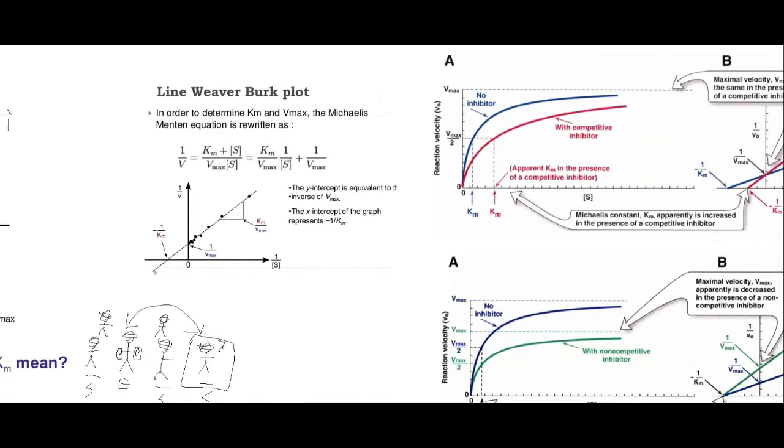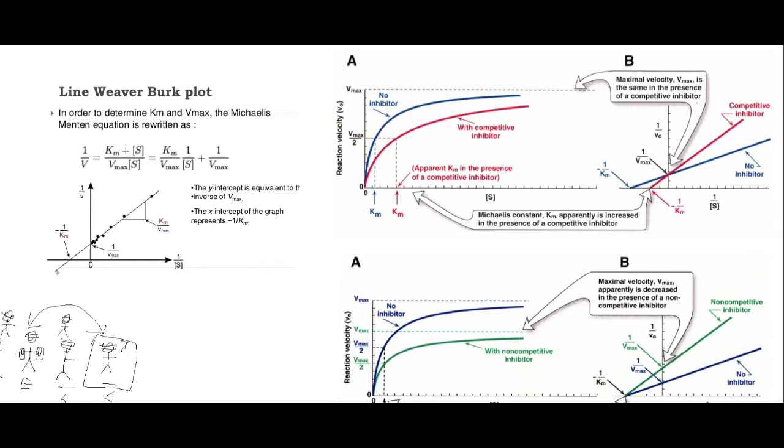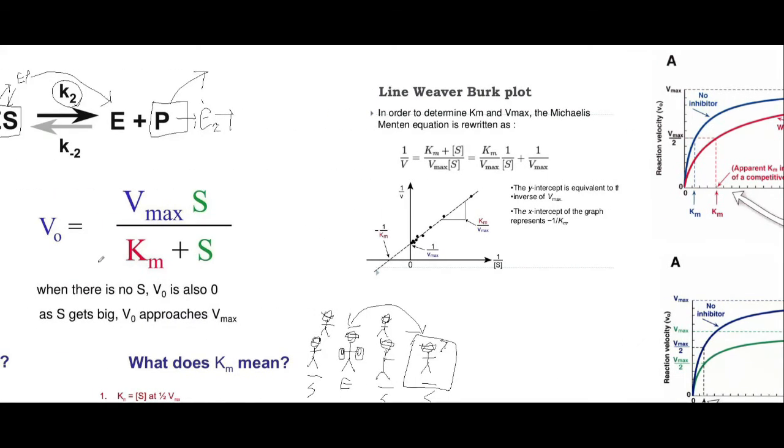But then we can essentially just invert it. So over here we have V equals Vmax times substrate concentration over Km plus substrate concentration.